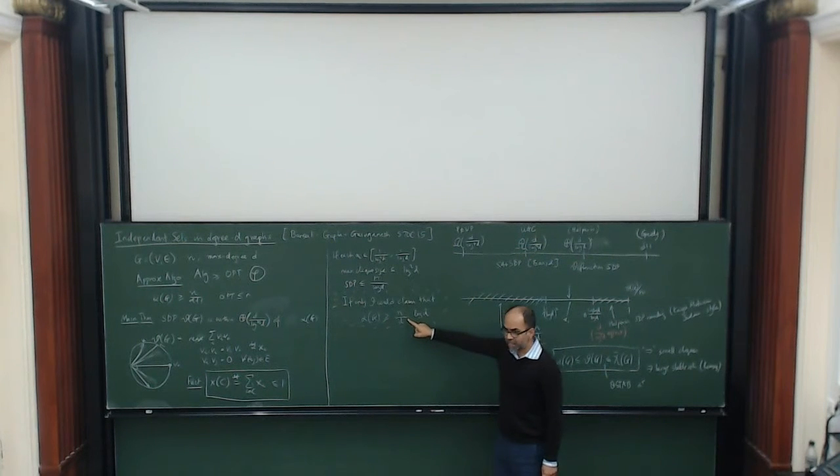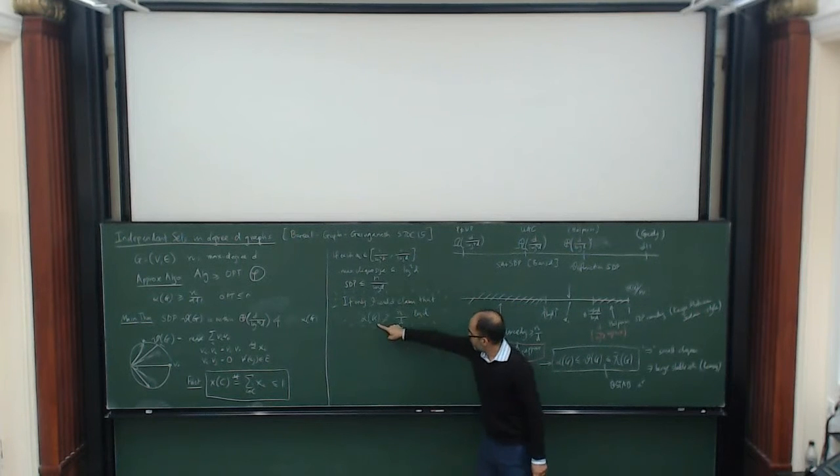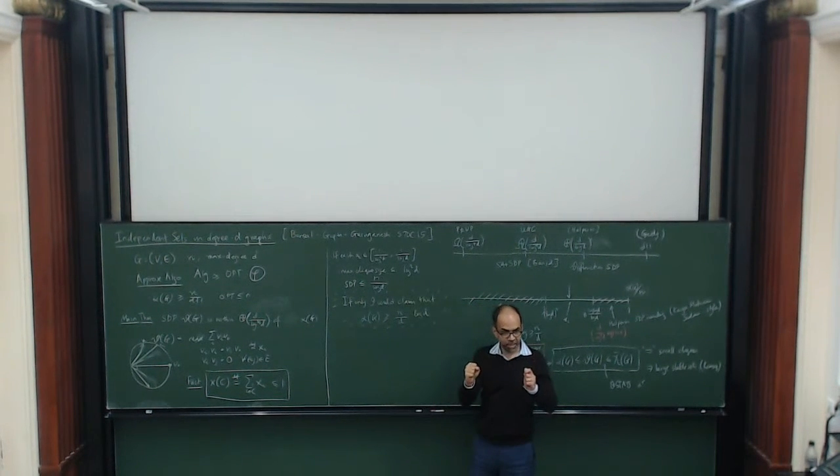If I could claim that the independent set size was this much, then this divided by alpha would be d over log square d. That'd be great, right? I'd get a d over log square d approximation.